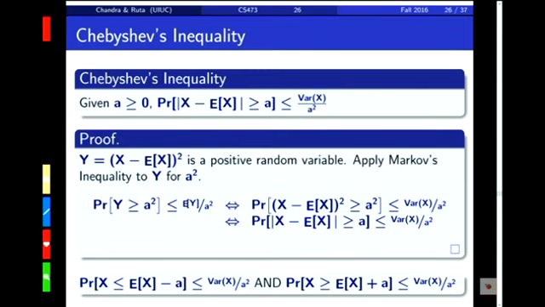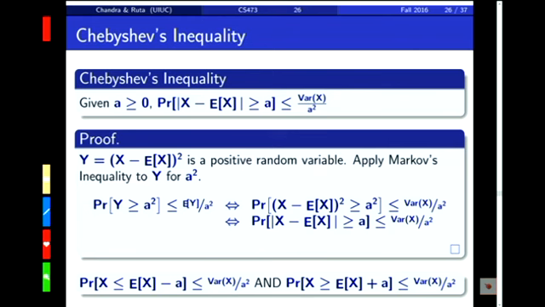The other incarnation of this is, as we just discussed, that this is also bounding the probability that the random variable takes a smaller value, that it is away on the smaller side than the expectation. It is bounding that as well as it is bounding the bigger side.